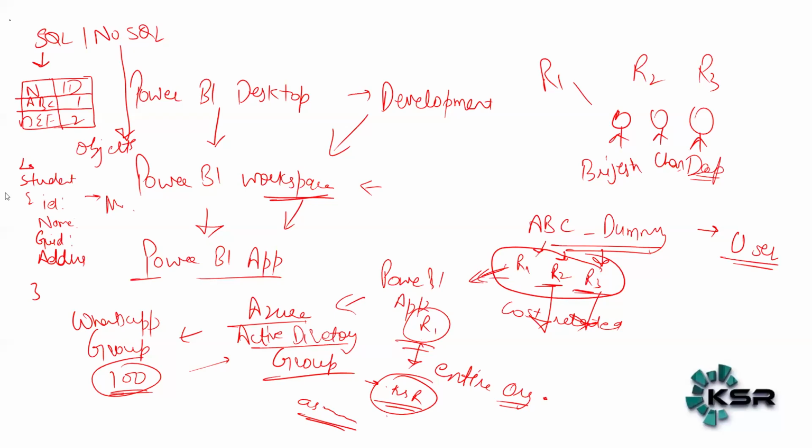What are the examples of SQL and NoSQL? For SQL we have MySQL and PostgreSQL. For NoSQL, we have MongoDB. And there is one more in Azure that I'm not able to recall the name of.